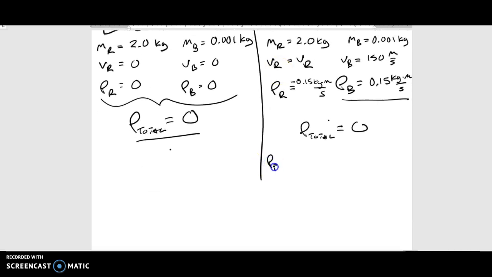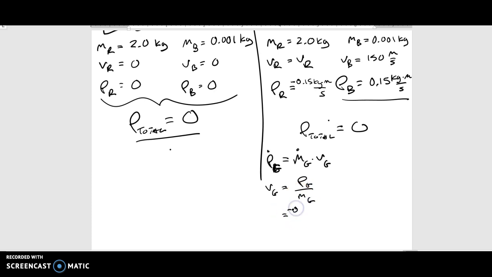We know the momentum of the gun equals the mass of the gun times the velocity of the gun. We know the momentum of the gun, and we know the mass of the gun, so the velocity of the gun equals momentum of the gun divided by the mass of the gun. Do some math.